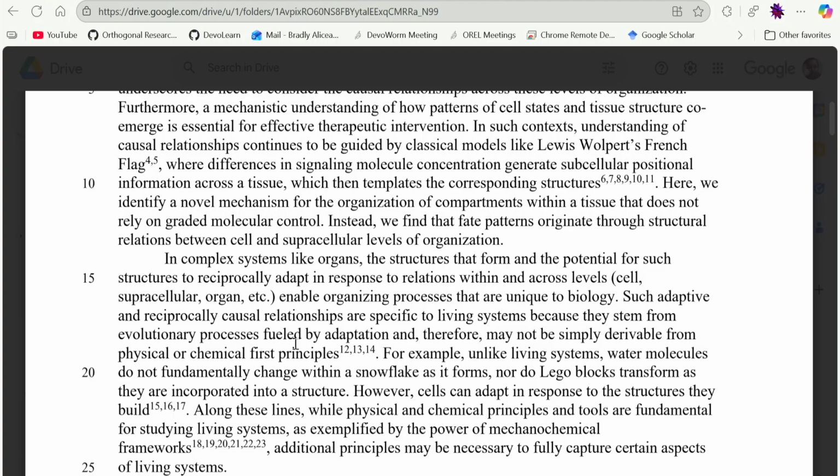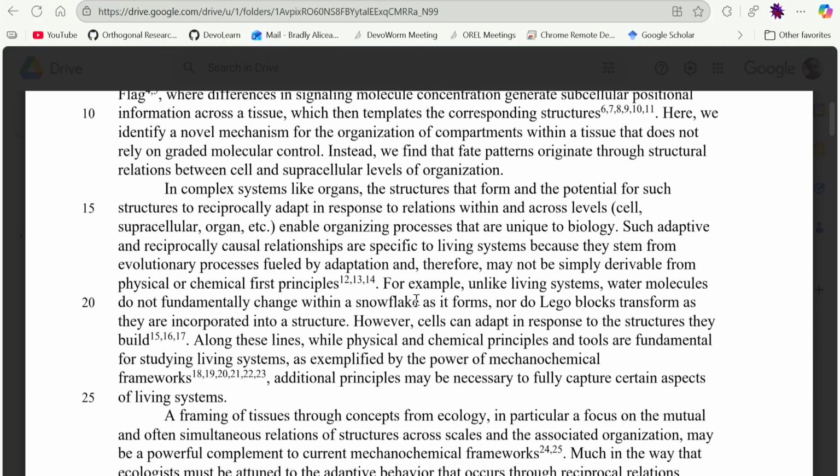And there's this reciprocal loop that forms. So there's information guiding the supracellular level, and these constraints from the supracellular level constraining what the cell can do. And you see this again and again in biology with these different levels of organization.